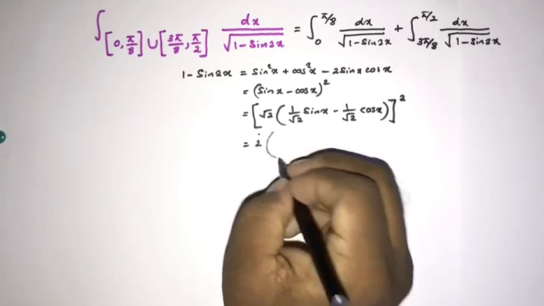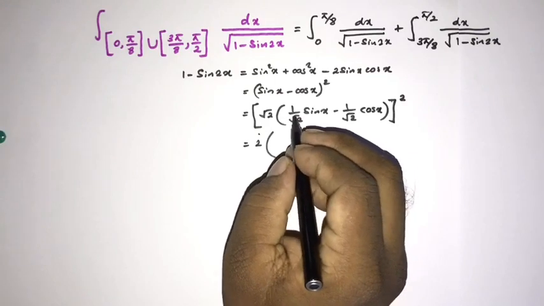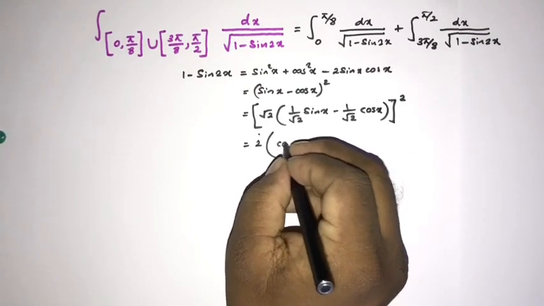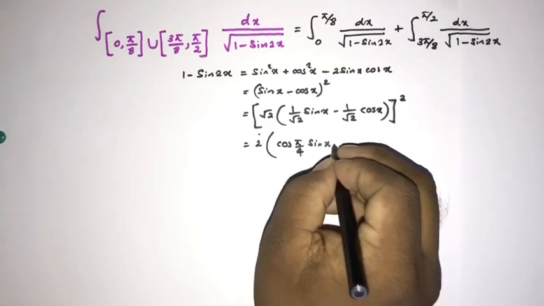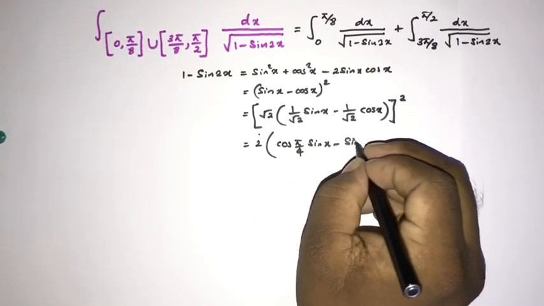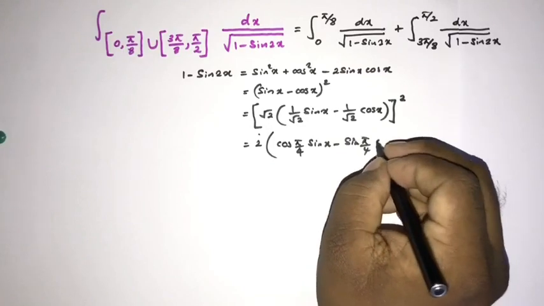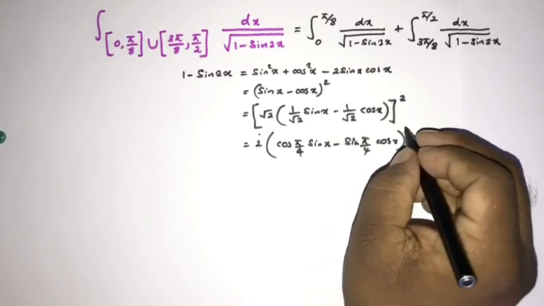Now instead of 1 over square root of 2 we can plug in cosine of π/4 and sine of π/4, so we have (cosine of π/4 sine of x minus sine of π/4 cosine of x) squared.